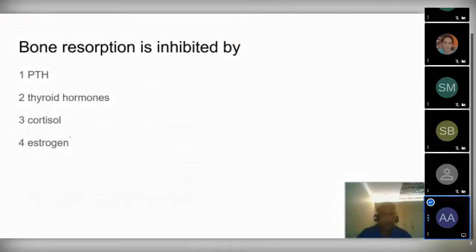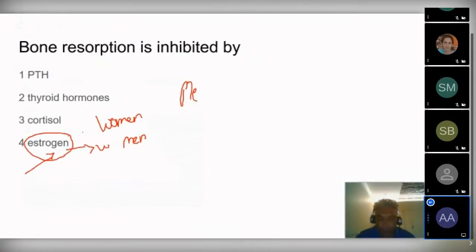So the answer is easily estrogen. Women's bones are protected prior to menopause because of estrogen. Estrogen reduces or prevents bone resorption. Once women attain menopause, bone resorption is increased. Hence, estrogen is bone protecting, or it reduces bone resorption. Hence, it protects women's bones from osteoporosis.